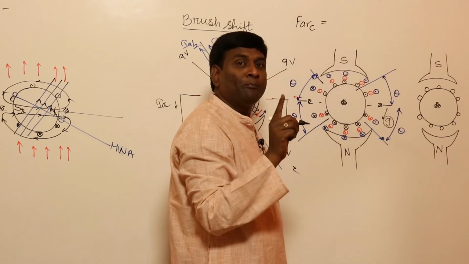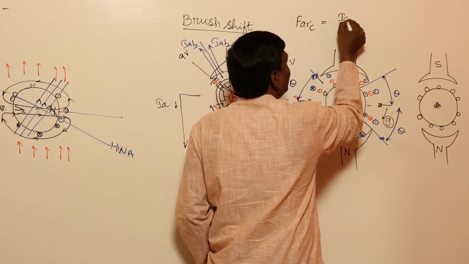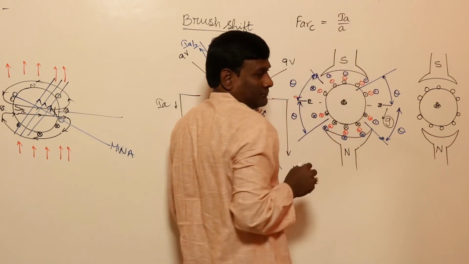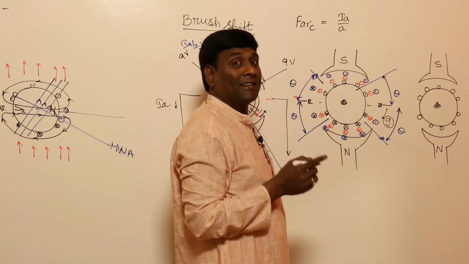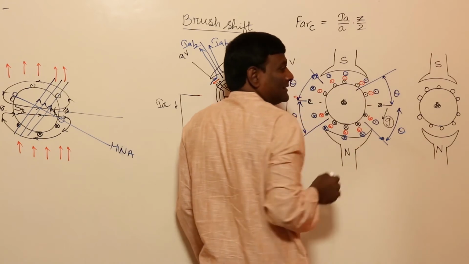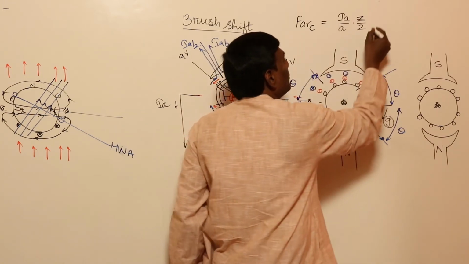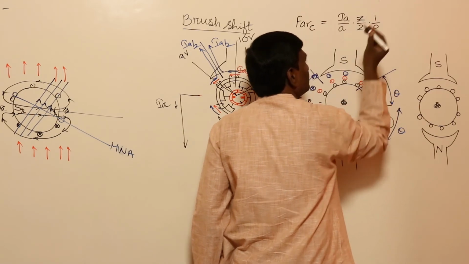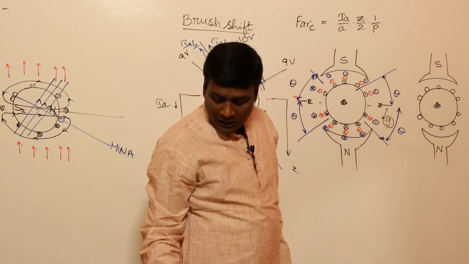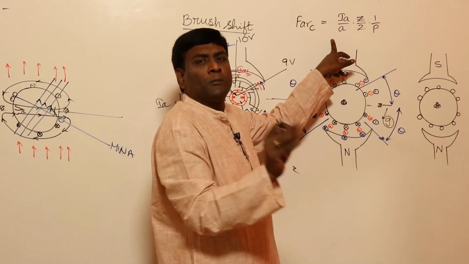Armature MMF per pole: what is armature current? IA by A. Ampere turns: how many turns are there? Z by 2, where Z is the number of conductors. So total armature ampere turns per pole is going to be IA by A times Z by 2. Very simple.